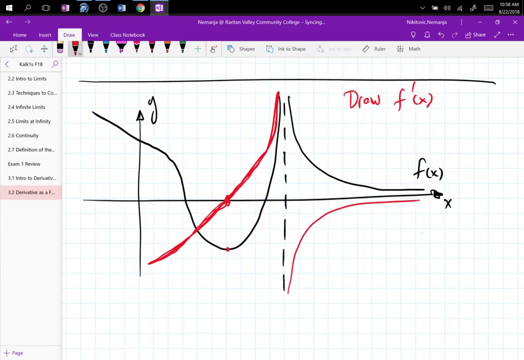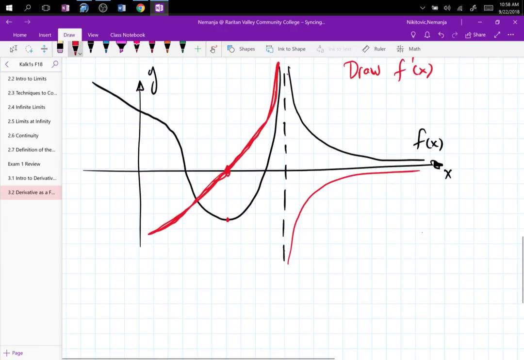I can draw this one and I can draw this one, right? Those are the only two that I could have. Now, would you eliminate one of them, and why? So the answer is either the top red line or the bottom red line. Which one would you like to eliminate? And why?